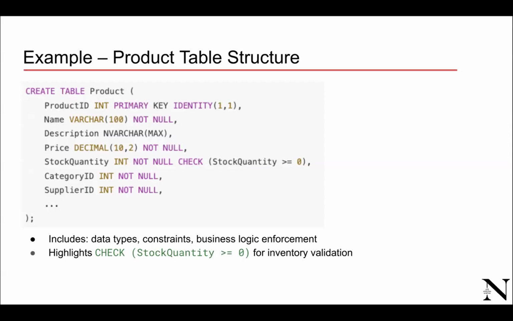The check constraint, stock quantity greater than or equal to 0, prevents inserting negative inventory values. We also have two foreign keys, category ID and supplier ID, connecting to their respective tables. So this simple example shows how we use SQL to enforce business rules even at the structural level.